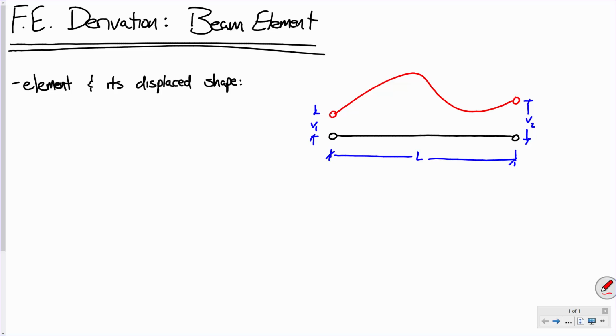Maybe something like that, where if I'm looking at joint 1, the one on the left, not only do we have a translation, but there is some angle of rotation, theta 1, which is essentially the slope, right? And then on the other end, we have an angle of rotation here, theta 2. Is that a fair point?